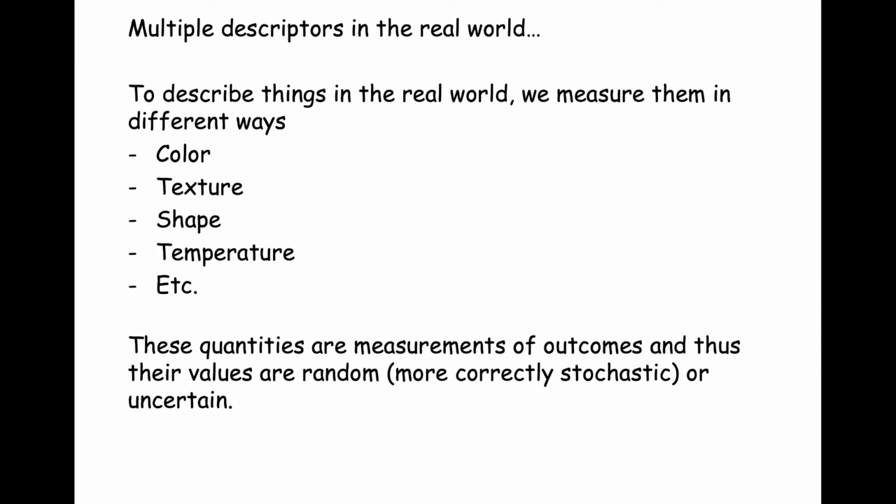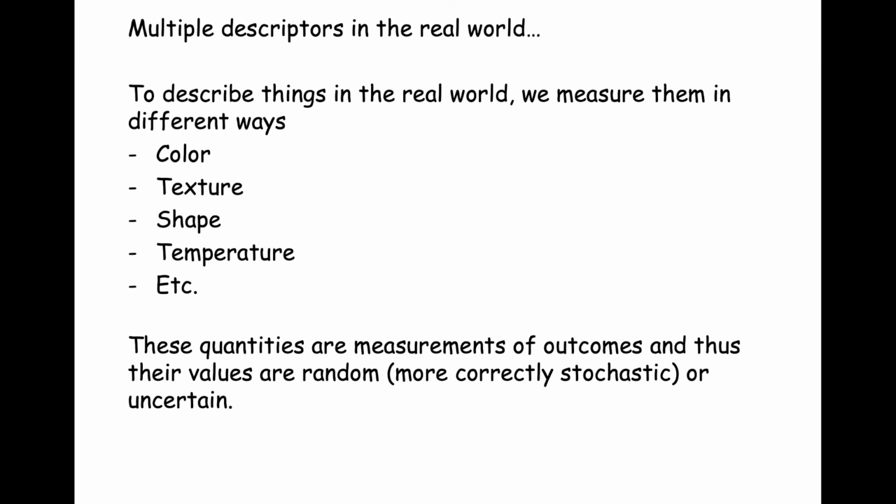So to describe things in the real world, you measure them in different ways. For example, the photographs that I showed on the previous slide, you could talk about the color, right? Reds, greens, blues, all sorts of colors. The texture, which is the pattern of variation of color over space. The shape of things, which is the geometric arrangement of edges.